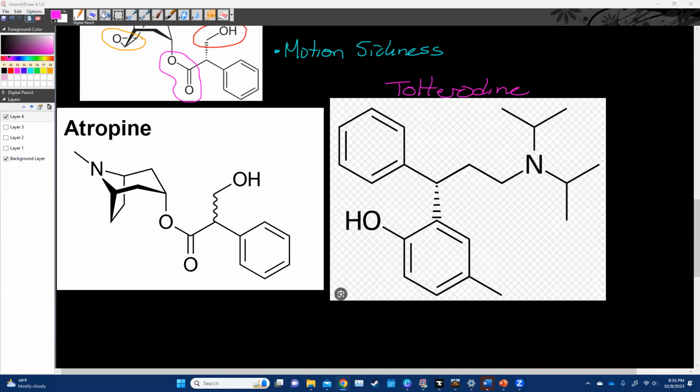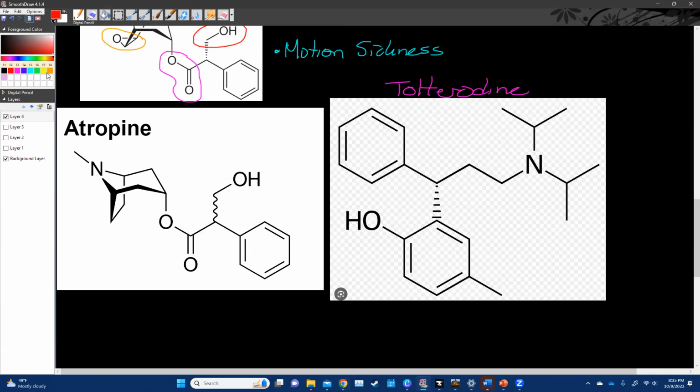And I wish I had a picture to really be able to explain it. So for tolterodine, essentially what's going on is we have a lot of the similar properties, right? We have our alcohol, we have our benzene ring, and we have our nitrogen.